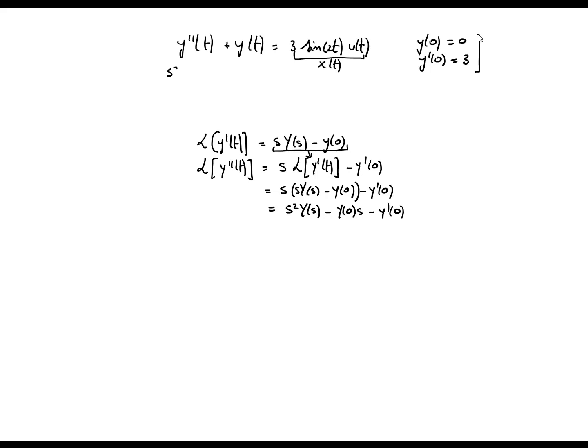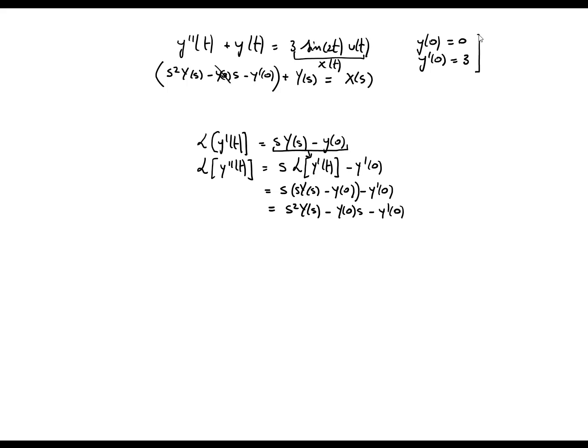So we have s^2 Y(s) minus y(0) s minus the initial condition on the derivative, plus the Laplace transform of this one, don't forget it, is Y(s), and for the moment we'll just write X(s).